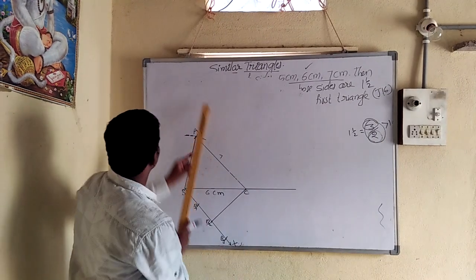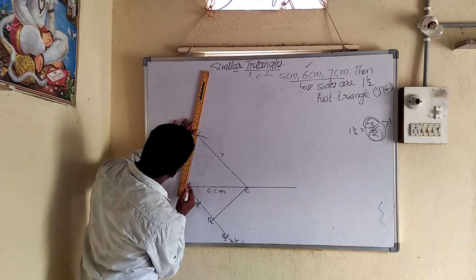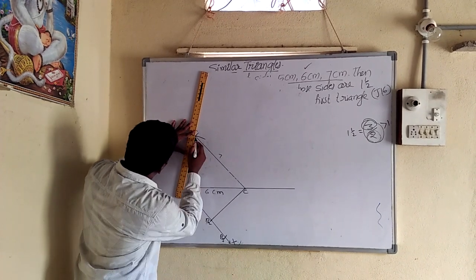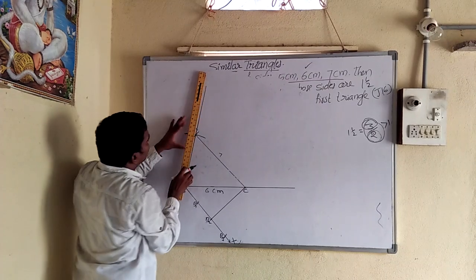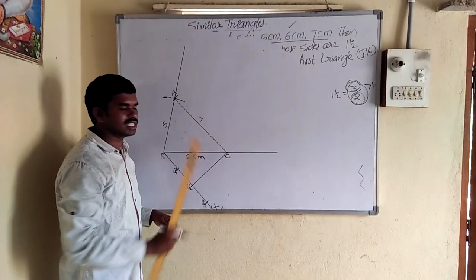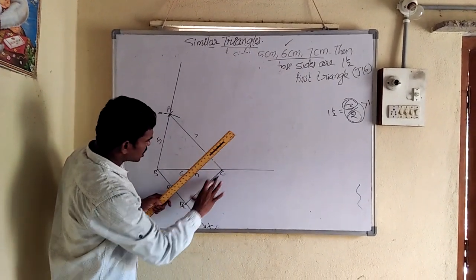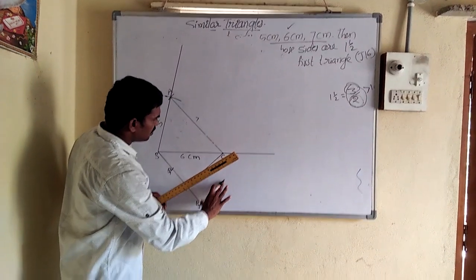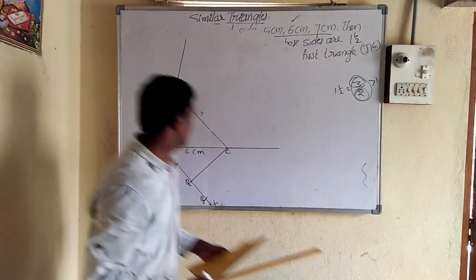So BA also is extended. Why am I extending? Our required similar triangle must be larger than the triangle ABC. So now B to C is there. From B3, draw a parallel line to BC, reaching some C dash. So I am going to draw a parallel line.